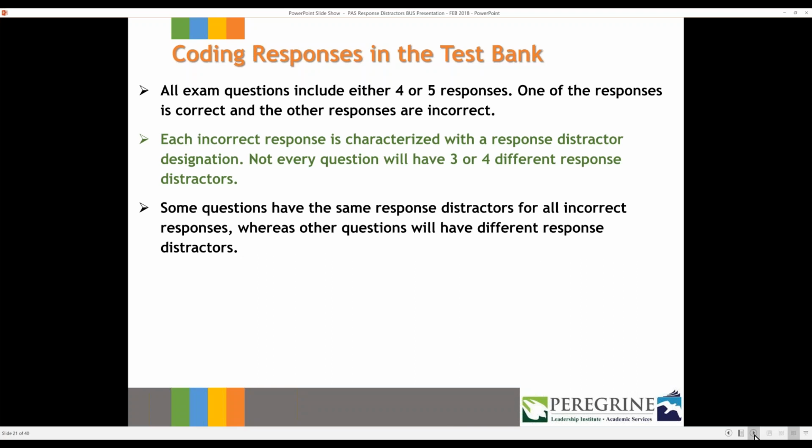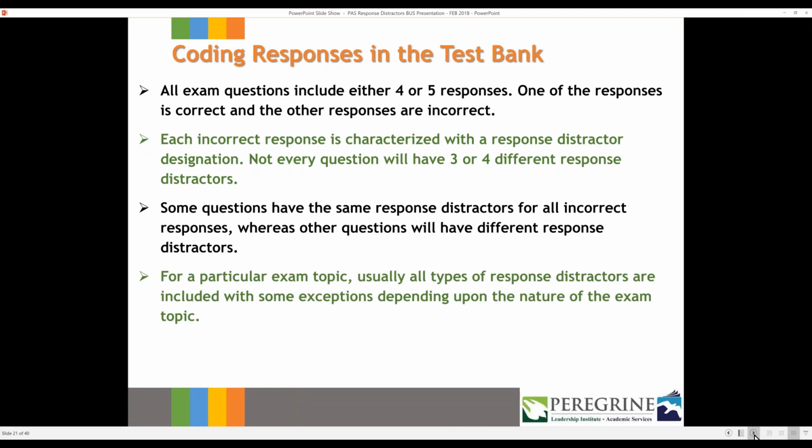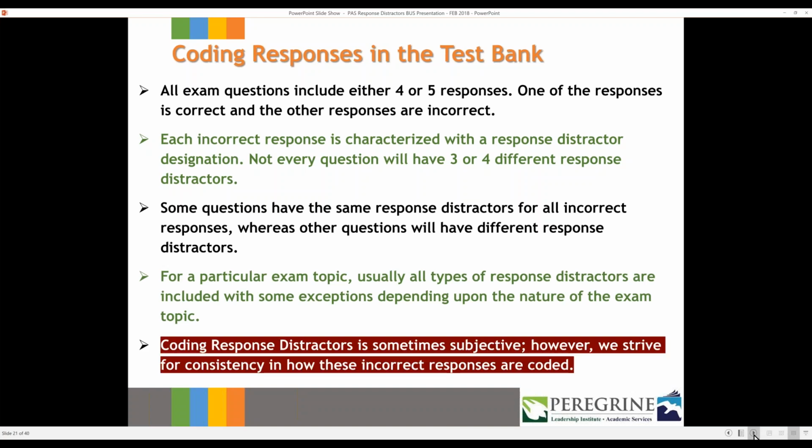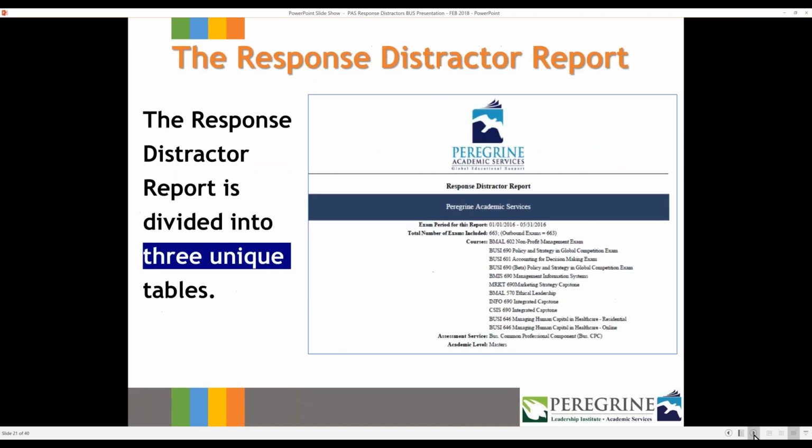Some may have 1 or 2, 2 or 3, and some might have all the same response distractor. It really depends on the question. And the key is consistency. As academicians or faculty members, we all know it could be quite subjective, but as long as we're consistent in our approach, we can look at the analysis of the results.